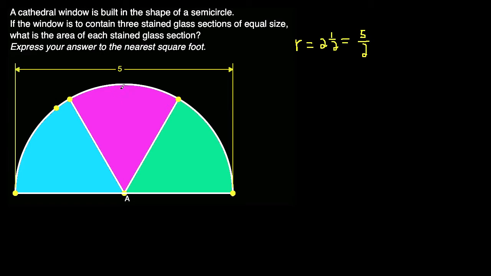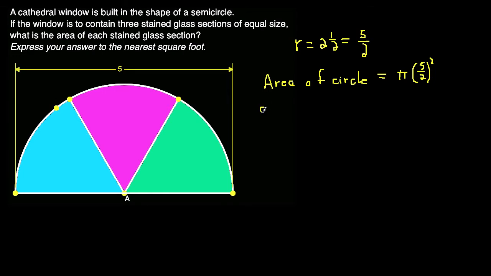The area of the circle is pi r squared, which is 5/2 squared. And the area of the semicircle is half that.